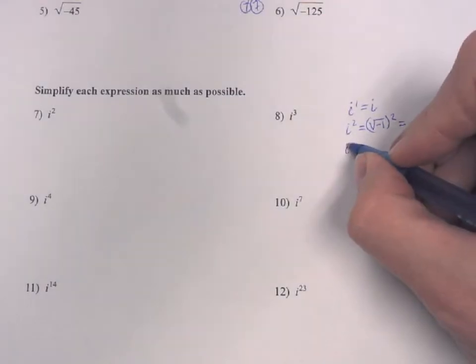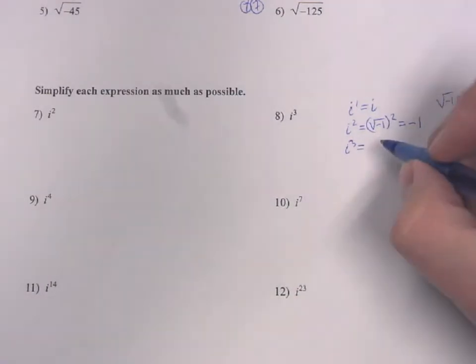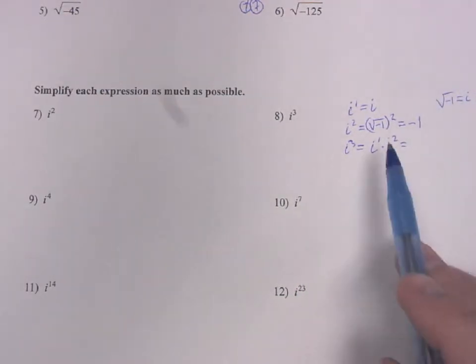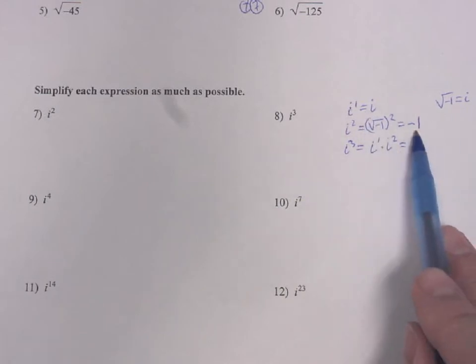All right, now we get i to the third. Okay, i to the third power we can rewrite as stuff that we already know or have already defined. We can write this as i to the 1 times i squared, right? And just kind of count our way up. Now we already know that i to the 1 is i, and i squared is negative 1.